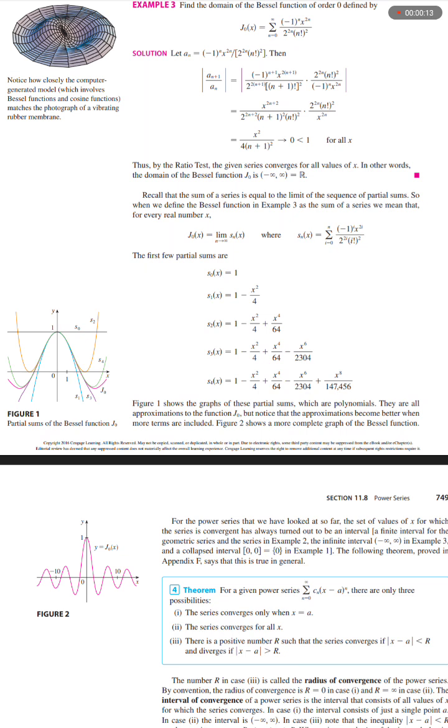So when we define the Bessel function in example 3 as the sum of a series, we mean that for every real number x, J_0(x) equals the limit as n approaches infinity of s_n(x), where s_n(x) equals the sum from i equals 0 to n of (-1)^i x^(2i) over 2^(2i) (i factorial) squared.